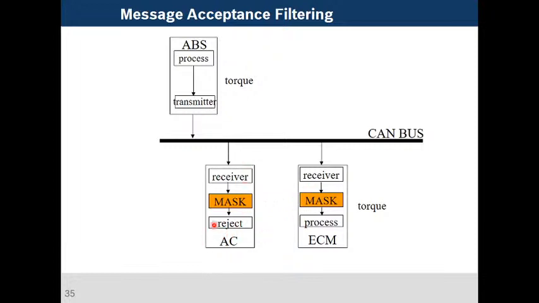If the AC ECU doesn't want the ABS data, there will be a mask, and those data will be directly rejected on the CAN controller itself. If the ECM requires those data, then it will allow all the data from ABS, and the data will be processed at the ECU level.